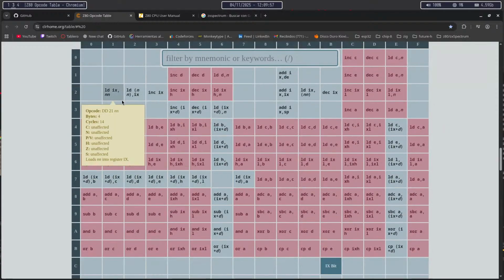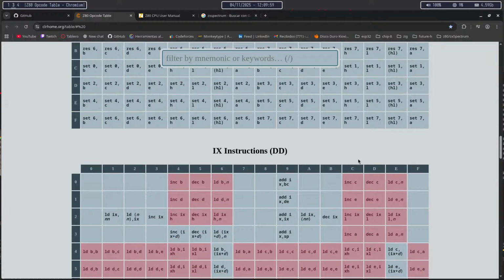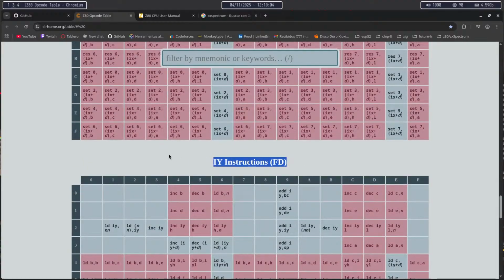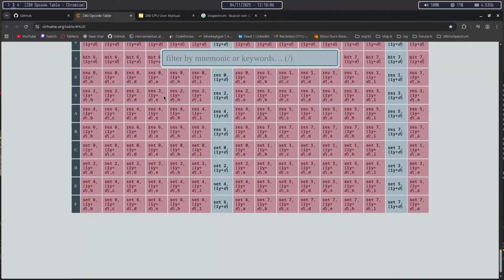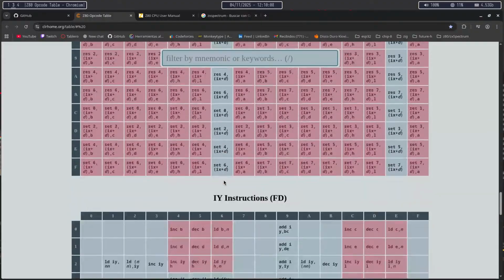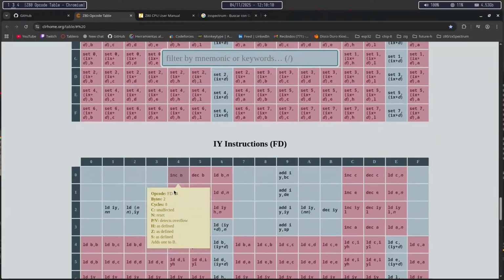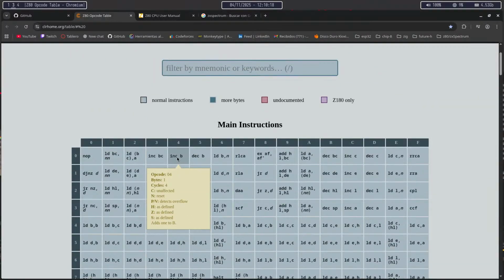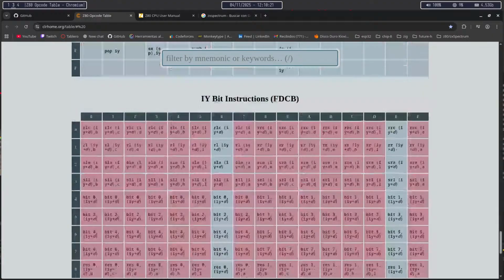But then I also have to do the IX instructions. IX bit instruction can wait, and then IY. And that would pretty much be it. That's 1 to B? Wait, but that is already done here. Inc B. That's 1 to B. What?